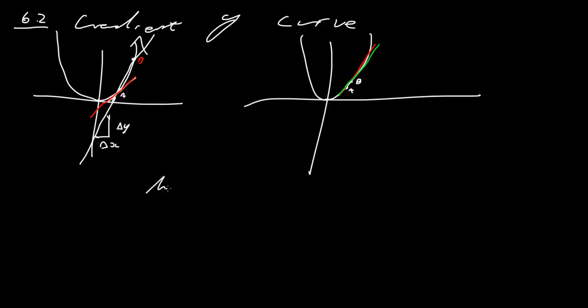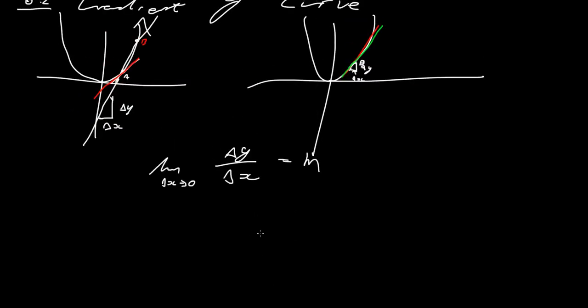The point is that the limit as delta x tends to 0 of delta y over delta x between 2 points, change in y over change in x, so there's your delta y and delta x, is the gradient, equals m. That is your equation, or that is where differentiation comes from.